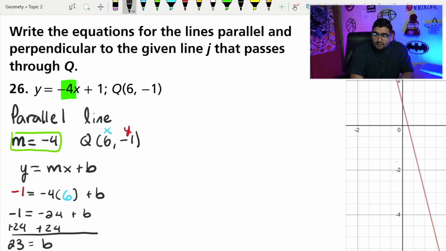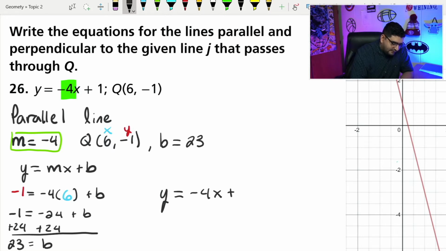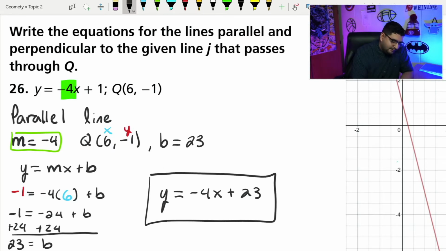So now I know my slope and I know what the y-intercept needs to be. That ensures that this line goes through the point 6 comma negative 1. So my equation for the parallel line is y equals negative 4x plus 23, following the slope-intercept form of y equals mx plus b. This is the parallel.